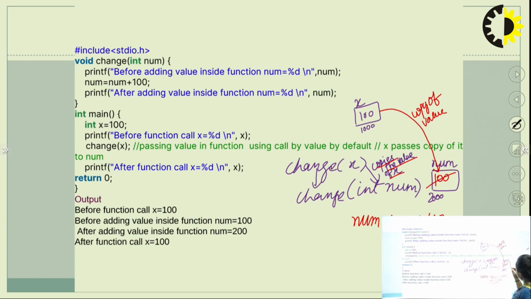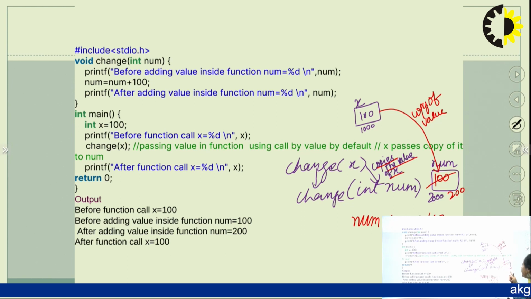So now the num is 200. So students, after this statement, I have printed the message after adding value inside function num is equal to this. So now when you are trying to print the message having the value of num, look here, the num variable value is now 200 because of your logic or because of your manipulation that you have done there.